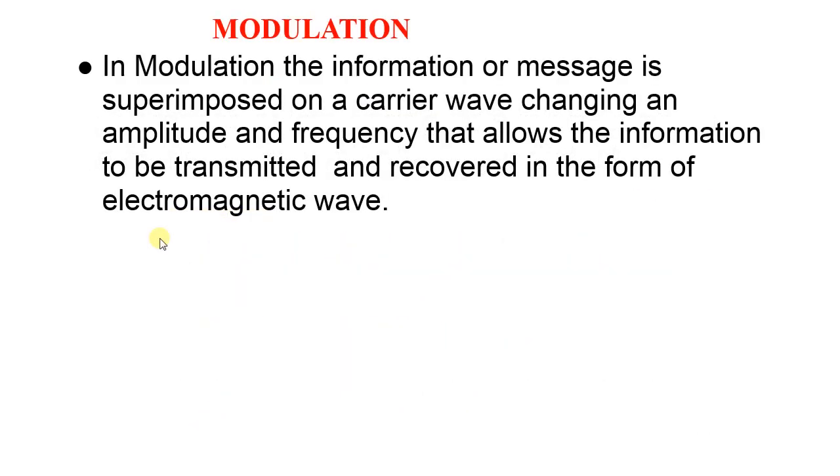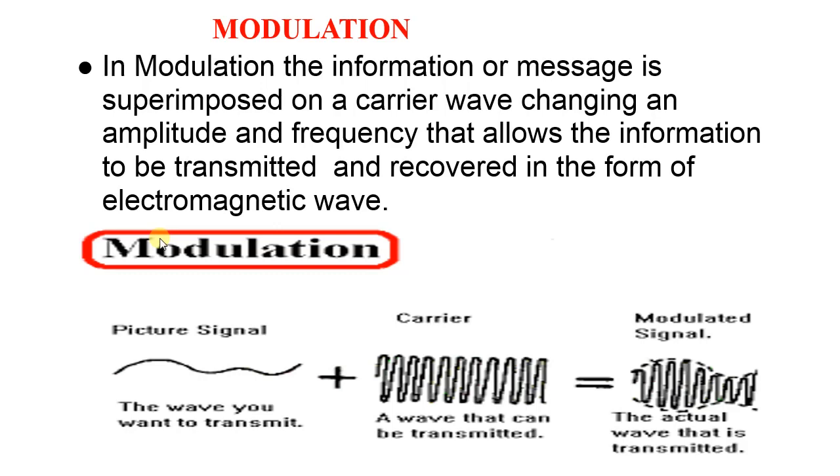In modulation, the information or message is superimposed on a carrier wave, changing in amplitude and frequency, which allows information to be transmitted and recovered in the form of electromagnetic wave. Dear student, you can see this is a wave, simply the picture signal or input or message or information.